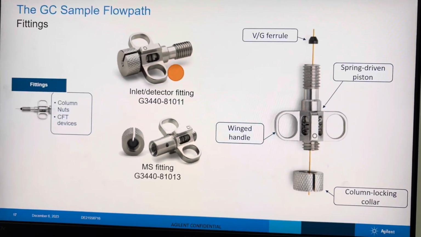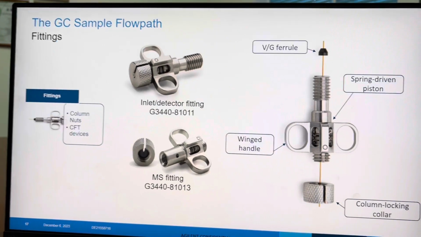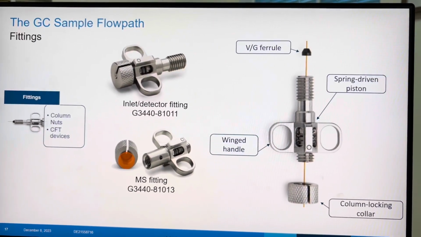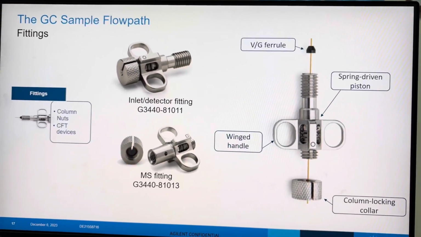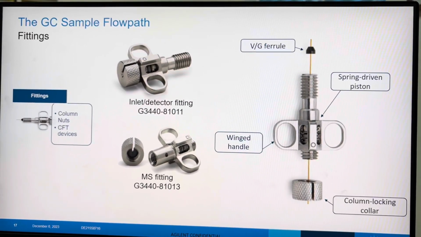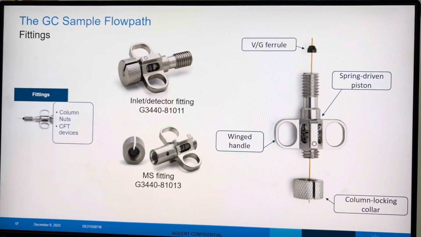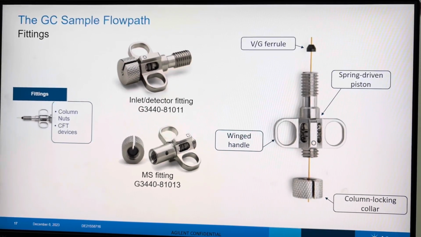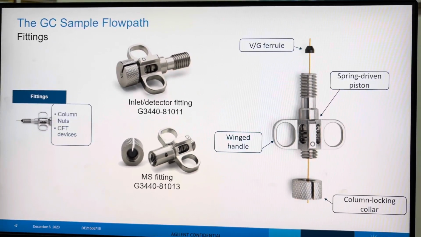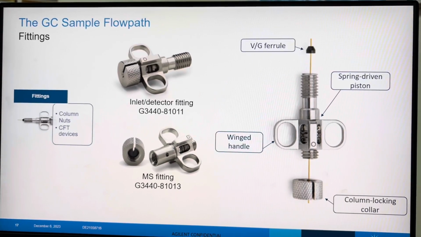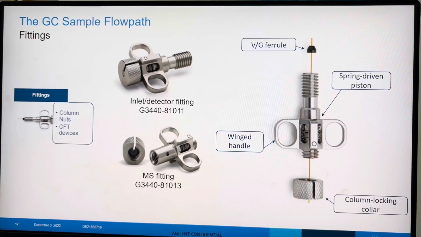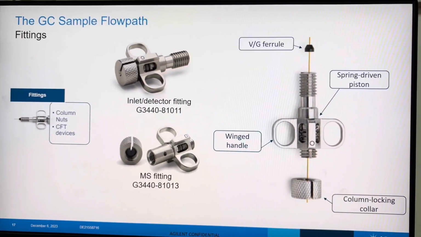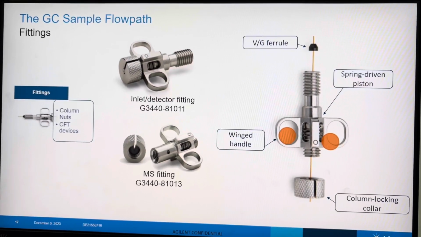The collar helps hold our capillary column at whatever length we require, so that there is no falling below or size variation during installation. We screw it to the collar after installing the column and install it into the system using these wings. So this will be easy. We can tighten and open the nut with a hand also.